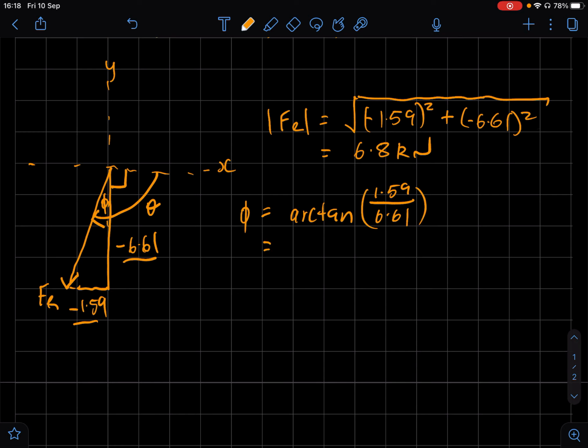That comes to 13.52 degrees. And to get theta, it's just going to be phi plus 90, isn't it? That 90 of this square here. So what's 90 plus 13.5 degrees? 103.5 degrees.